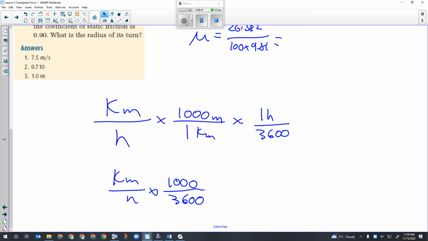That's the same as multiplying by 1 and then dividing by 3.6. That's why I say just take kilometers per hour and divide it by 3.6, and you've got your meters per second. And if you need to go the other way, you multiply.